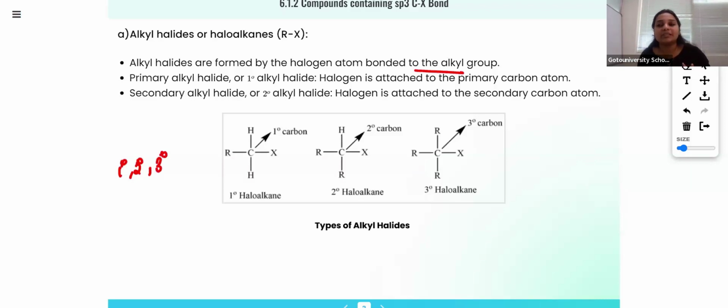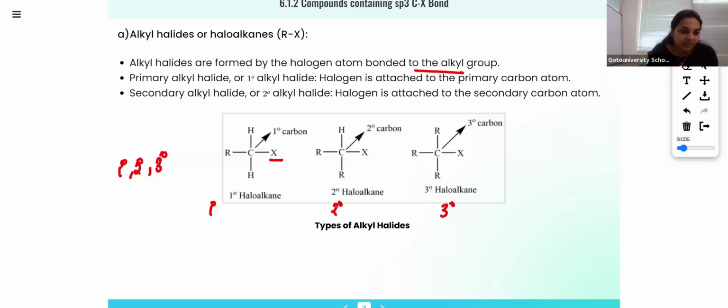What are these? If the carbon bearing the halogen is connected to only one carbon, it is called a primary haloalkane. If that carbon is connected to two carbons, it is a secondary haloalkane. If it is connected to three carbons, it is a tertiary haloalkane.